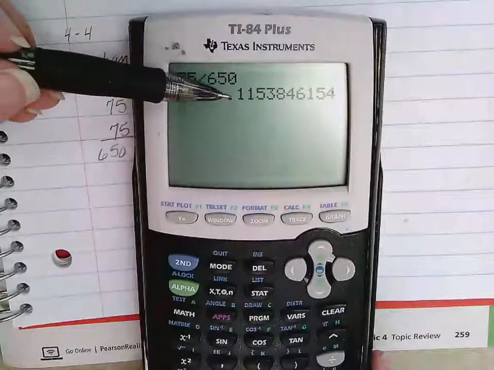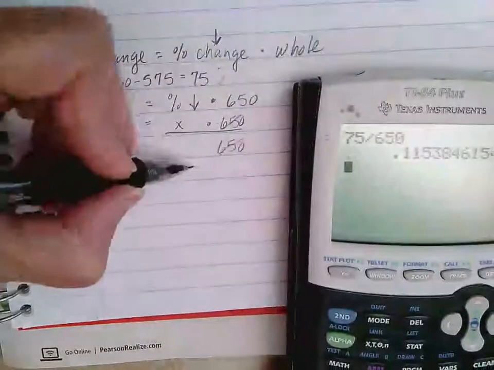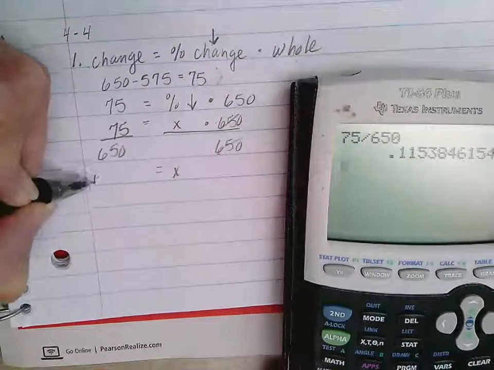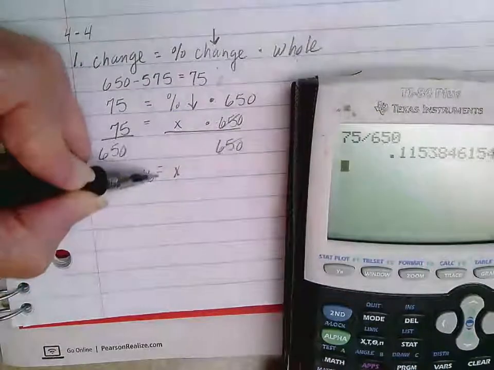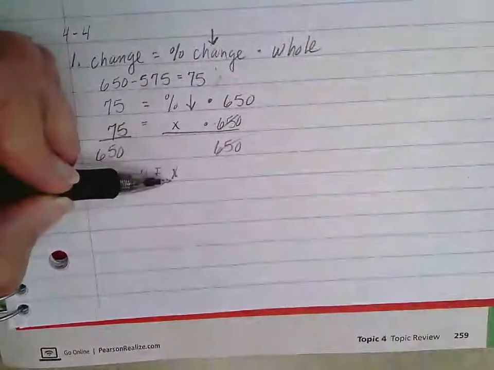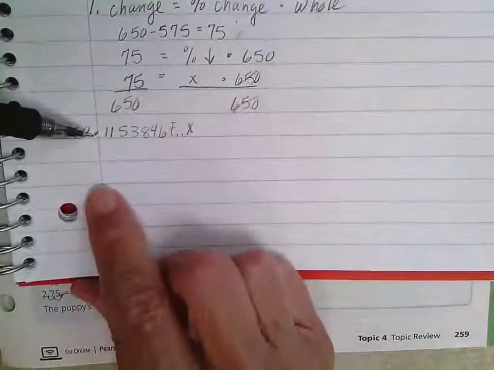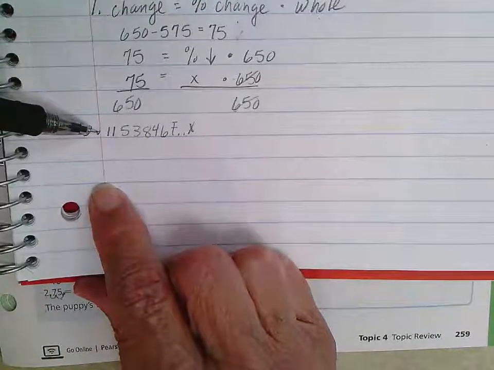And they want us to round to the nearest whole percent, I think, eventually. But x is equal to 0.11538461 dot dot dot. So to get this into a percent, we have to multiply this number by 100.